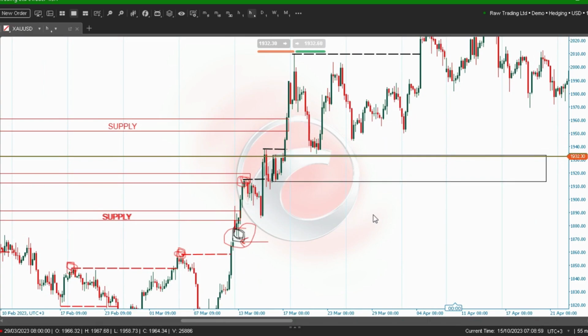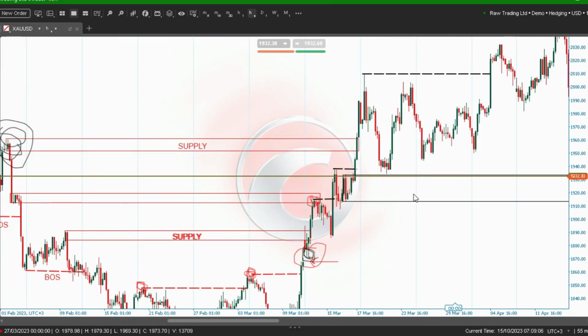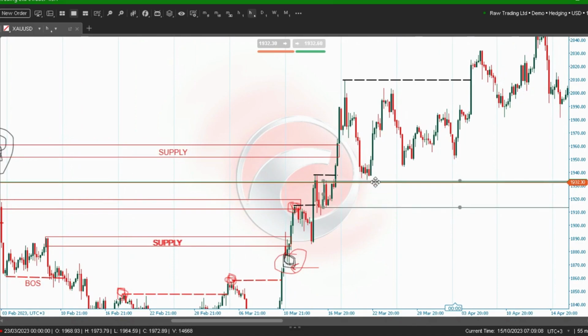Even this one, there's a candle of demand zone. So when the market broke this higher time frame supply zone, it retested at this point to fill these imbalances, failed to break, and was somehow ranging on this zone here.